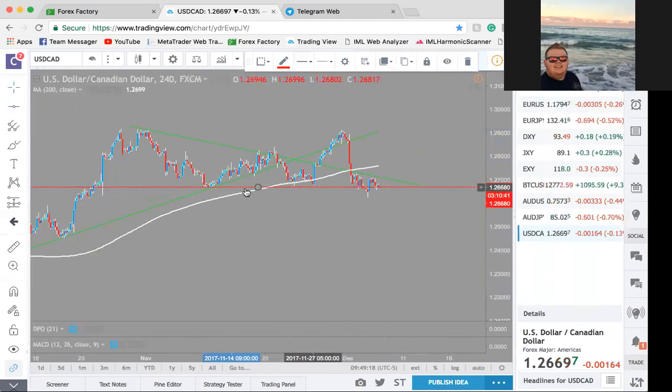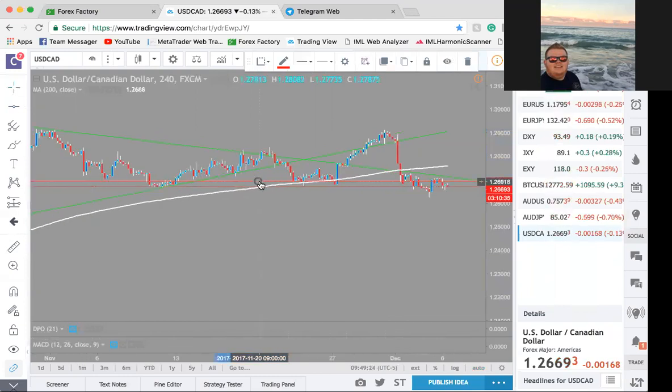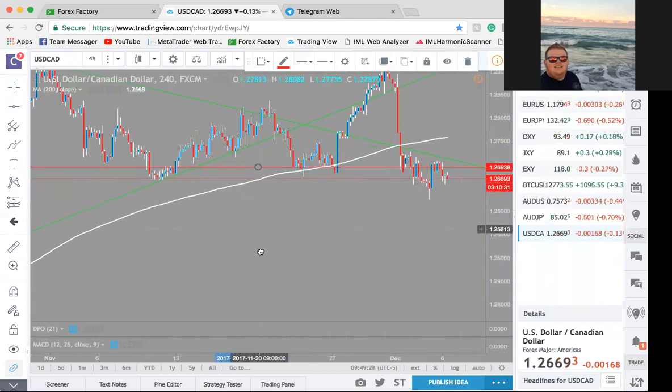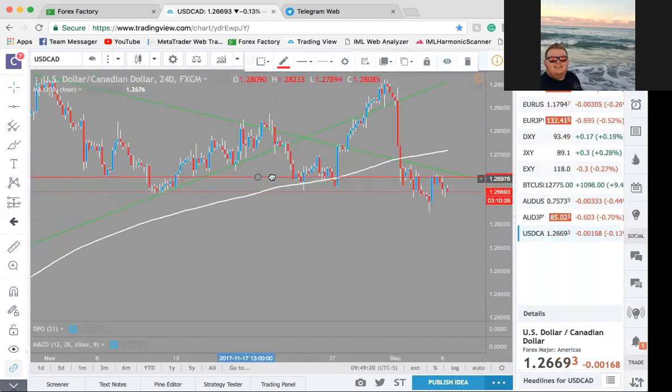That's actually very interesting. Wonder if it'd be better up here. So what I'm looking at here is how it respects both these levels. So if I move it up here, this gets 1, 2, 3, 4, 5, 6 touches. But I can pretty much just have 2 lines because we are on the 4-hour.